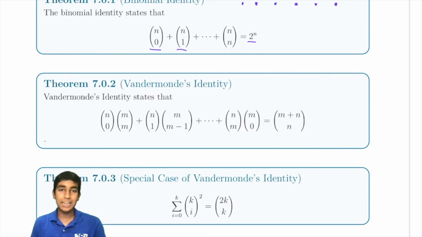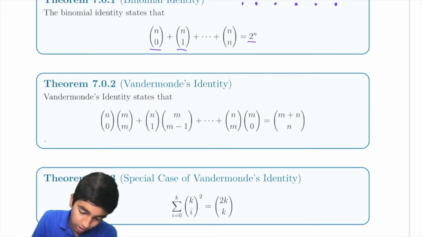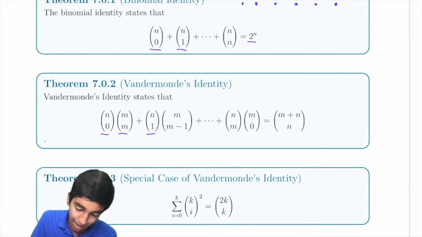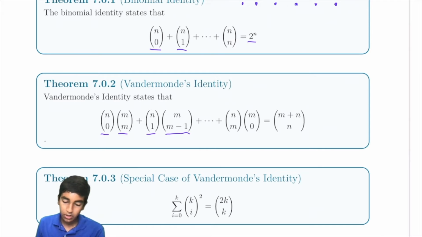So, Vandermonde's identity. Now this is extremely powerful because it allows you to convert this seemingly complicated choosing expression into just m plus n choose n. How? Well, let's first take a look at what this says. It says that m choose 0 times n choose n, plus m choose 1 times n choose n minus 1, and so on.